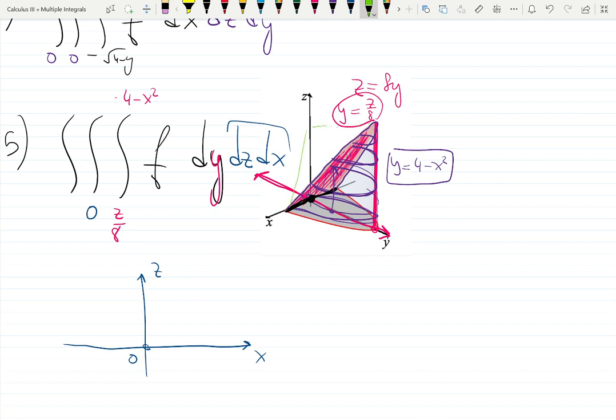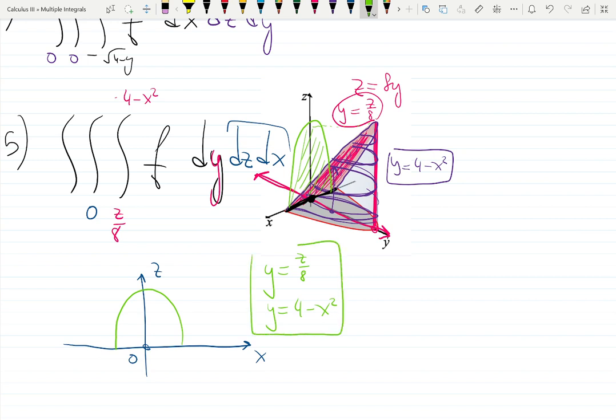The shadow is a concave down parabola, looking like so. This is basically the shadow, as you can imagine. From equations, it's actually a little bit easier to understand. Y equals z over 8 and y equals 4 minus x squared.